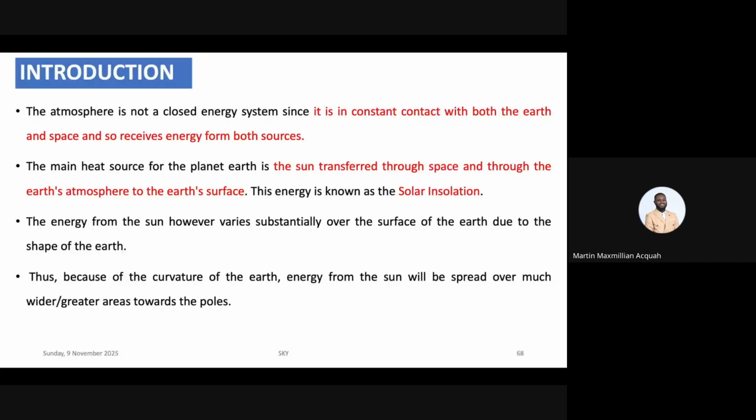For example, if you put on the light of your phone, the light itself does not contain heat until it comes into contact with your skin, your body, the earth surface, or plant surface. That is when the heat is generated.